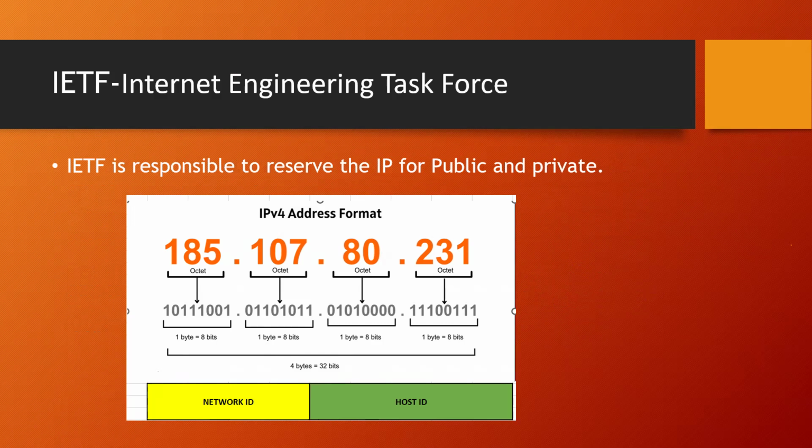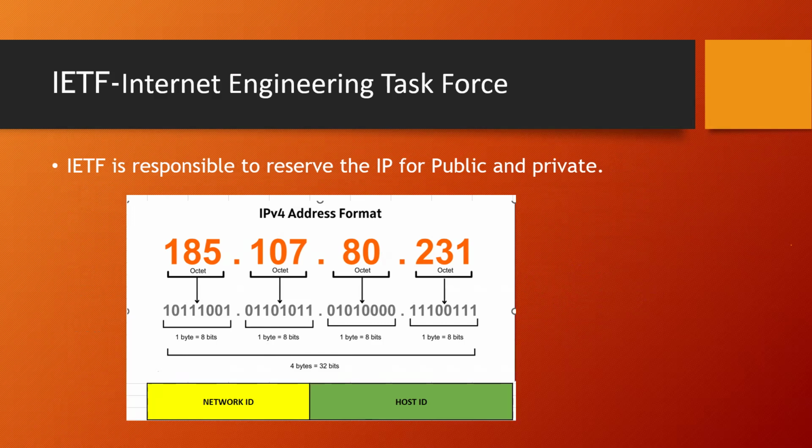Who is going to decide which IP addresses are given to public and which to private? This decision is taken care of by the IETF, the Internet Engineering Task Force.